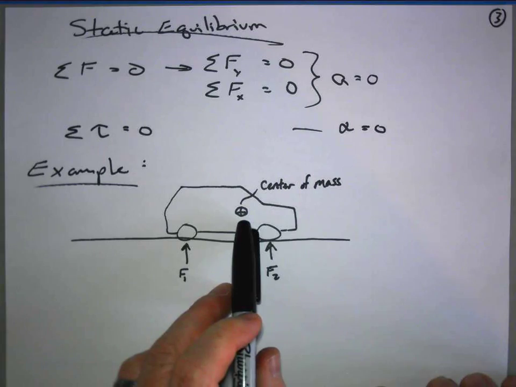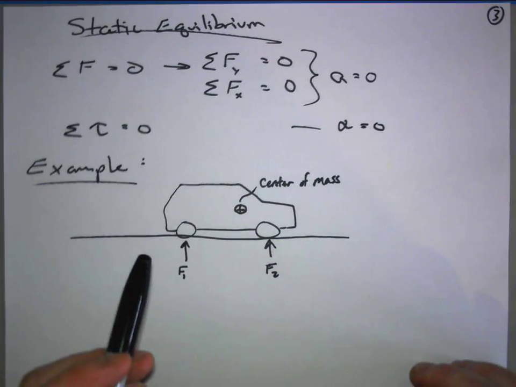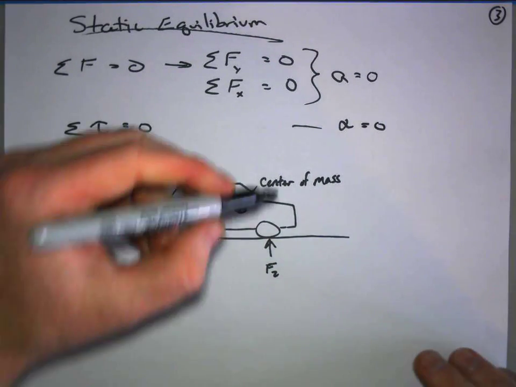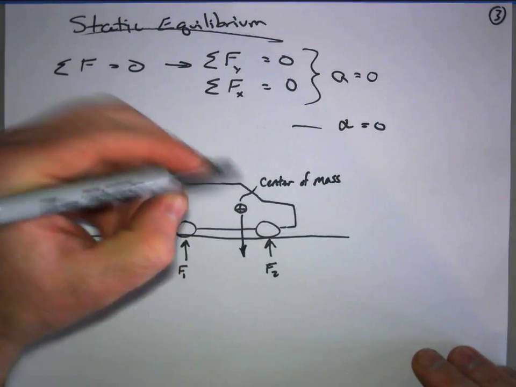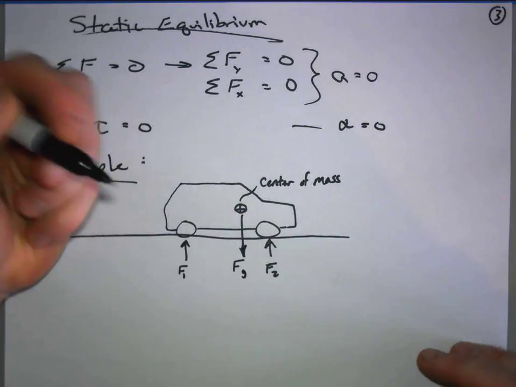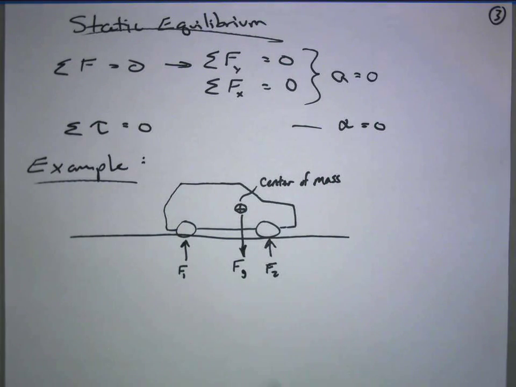So if you had to pick one location on the vehicle where you can draw mg, here's the weight, force due to gravity, then it's acting through the center of mass.